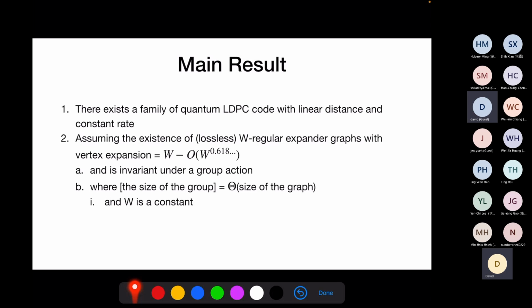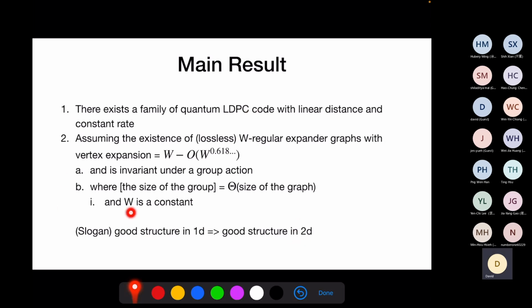Okay. So now we can look at the full main result, and that's everything we want. The main upshot is that this expander is a 1D structure, and this quantum LDPC code is a 2D structure.